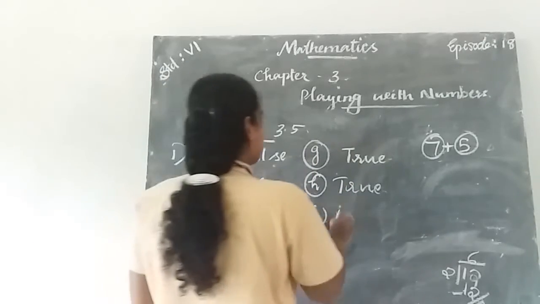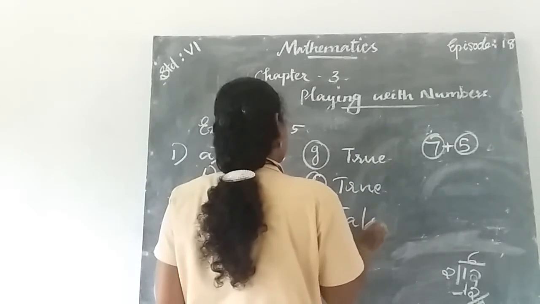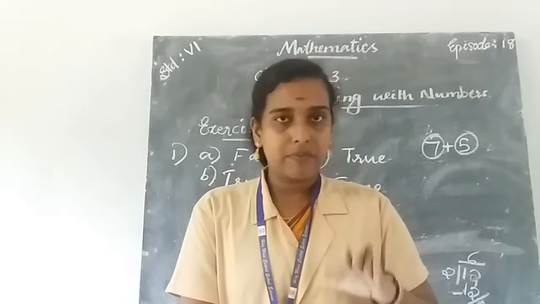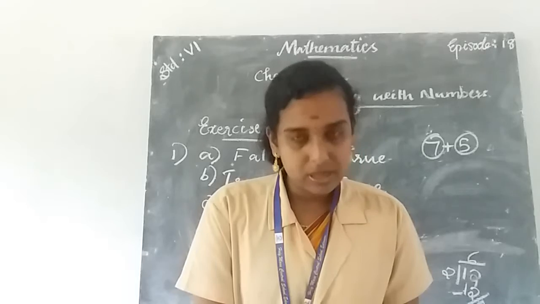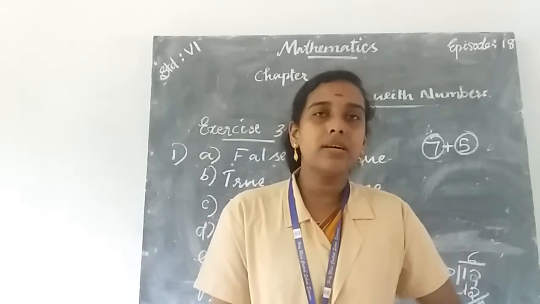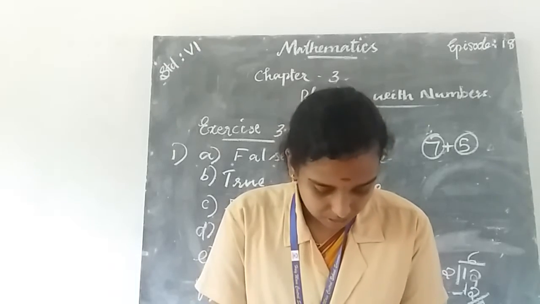So the statement is false. So we can say that if a number exactly divides the sum of two numbers, it does not make it exactly divisible by the numbers separately.